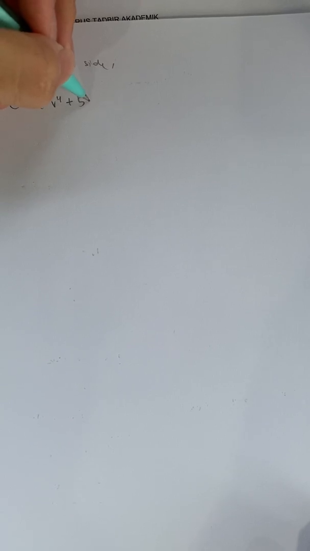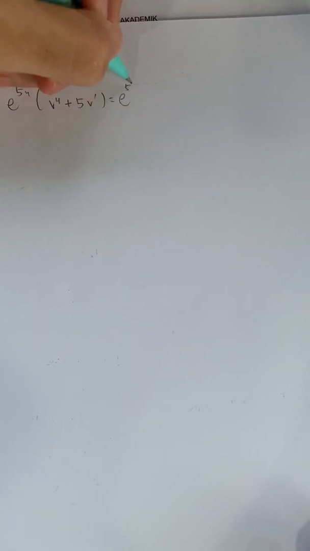Left hand side we get exponential 5x multiplied by v double prime plus 5v prime.